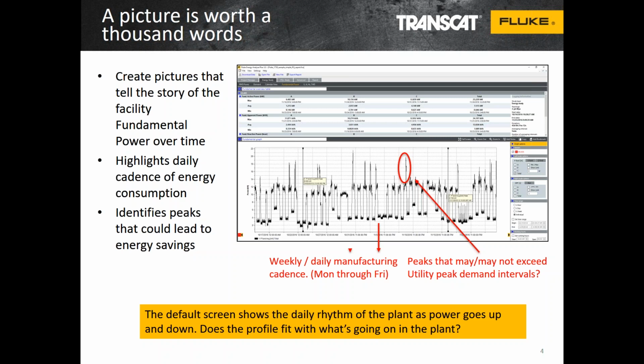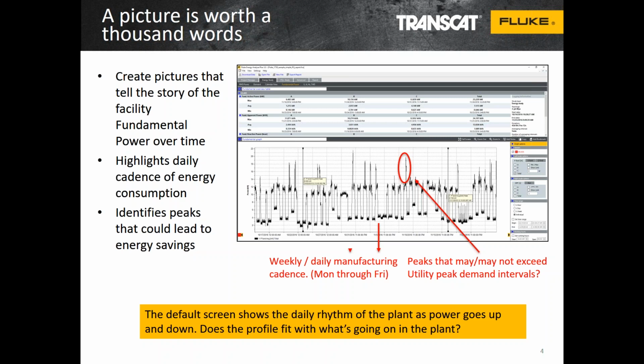So the first thing I would say is that we should always be thinking about creating pictures. These are really powerful things when we start to explain things to other users. If we have a picture of what happened, it's much easier to understand than many words. So having pictures in the software which will describe the situation is really useful.